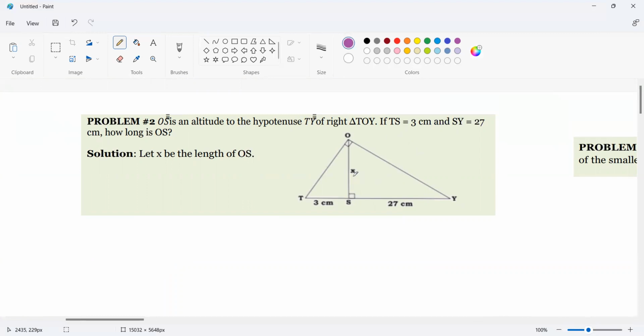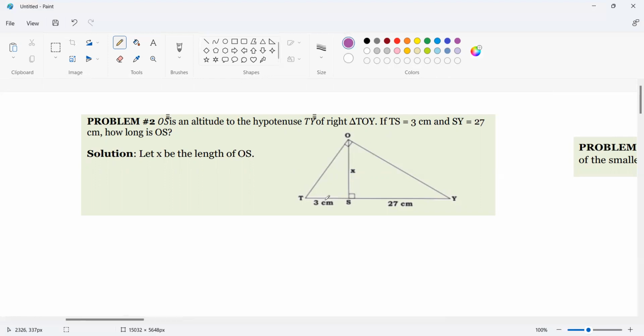The altitude should be perpendicular. I think it is quite obvious what to apply here: the RTST, right triangle similarity theorem. Do you still recall? This is where we're going to use the geometric mean, if you still remember.